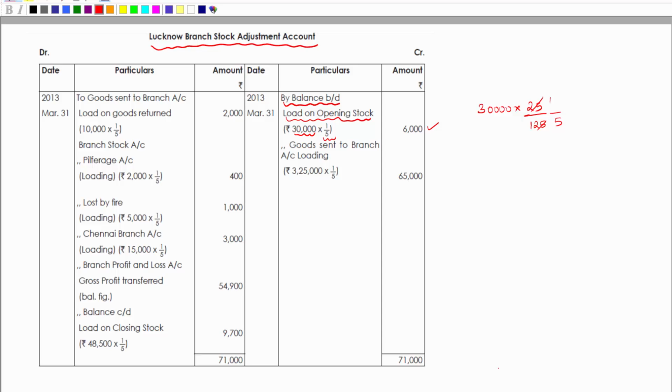So this is the opening balance on your branch adjustment account.